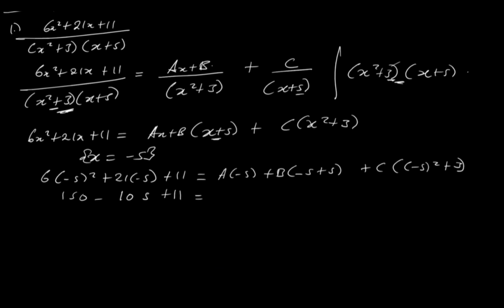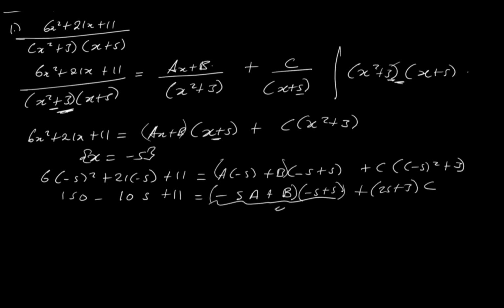And this will equal -5A plus B, multiplied by -5 plus 5, which will give you 0, plus (25 plus 3) times C. So automatically this point gives you a 0.